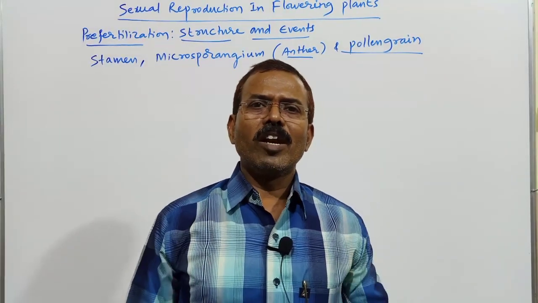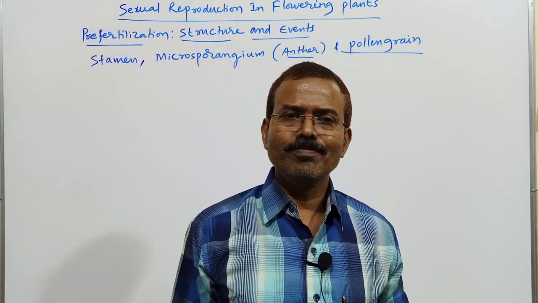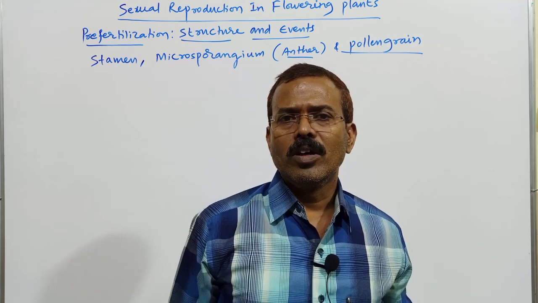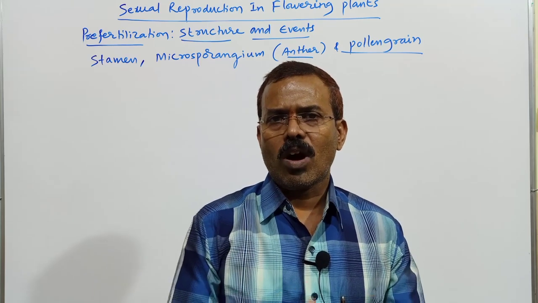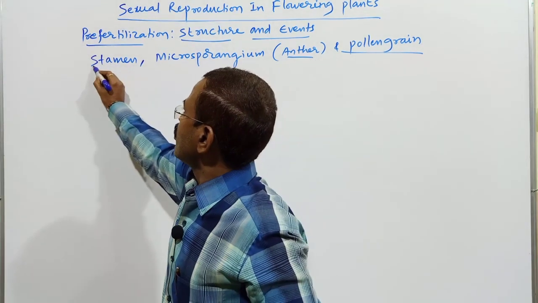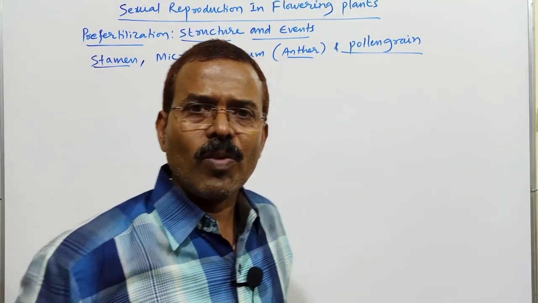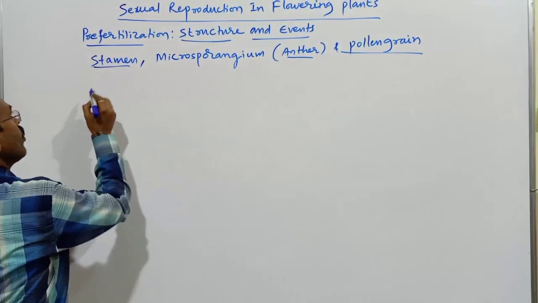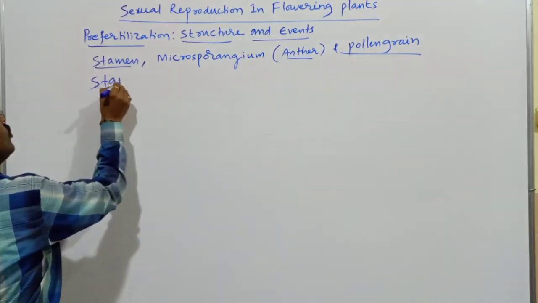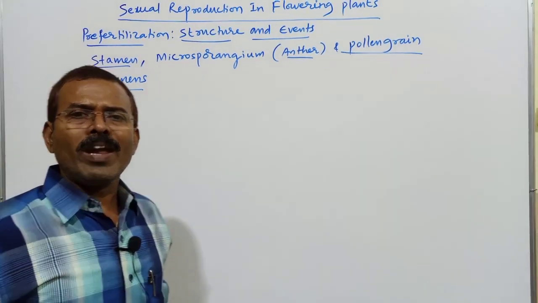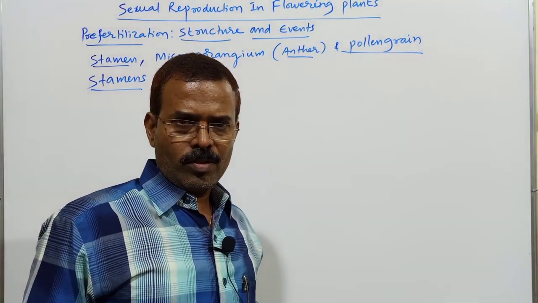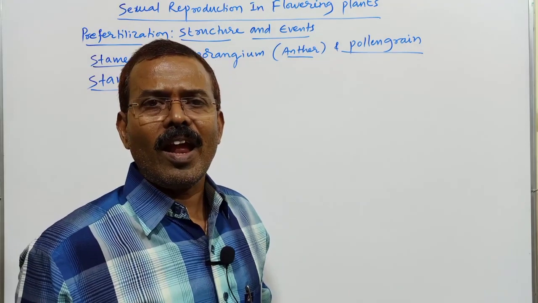As we know, the male reproductive whorl is mainly the androecium, which is made up of the male sex organ, mainly the stamen. So first we will discuss the stamen. Stamens are the male sex organs. They are the components of the androecium.